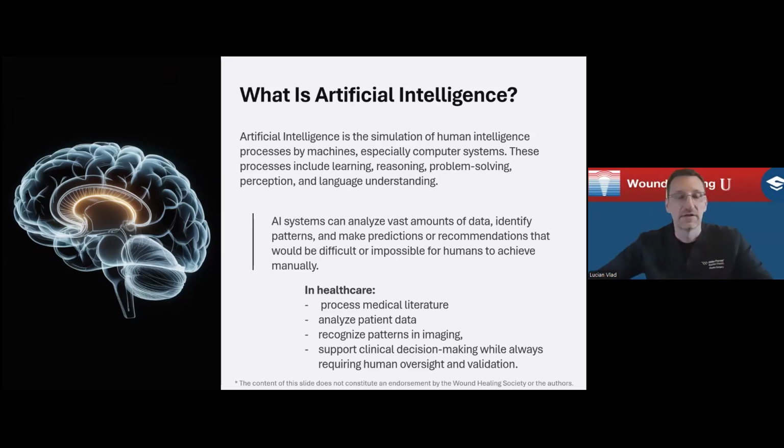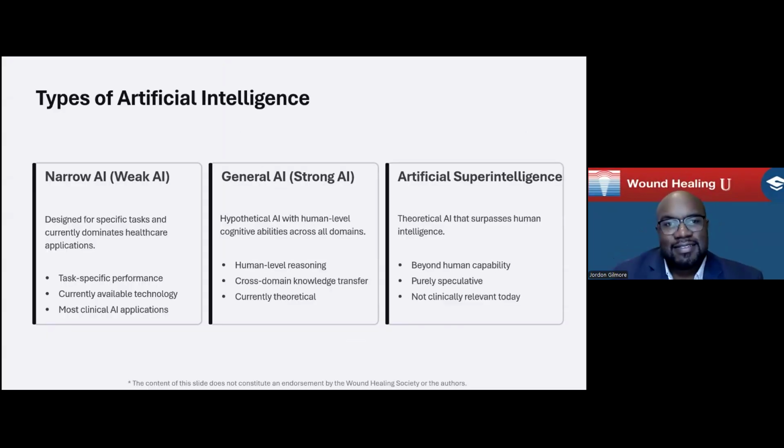So basically, AI is a monkey see, monkey do. It's trying to imitate human brain. That's a good way to put it. There's a few types of artificial intelligence out there. The three main types are narrow AI, general AI, and artificial super intelligence.